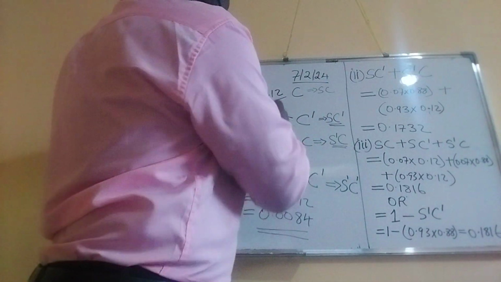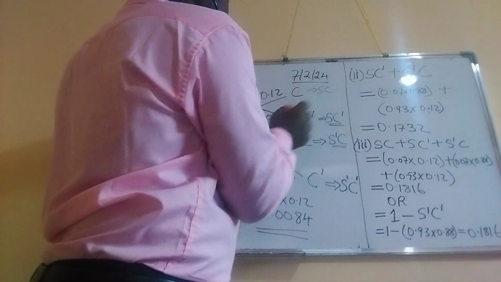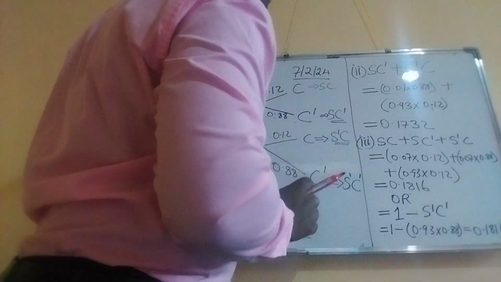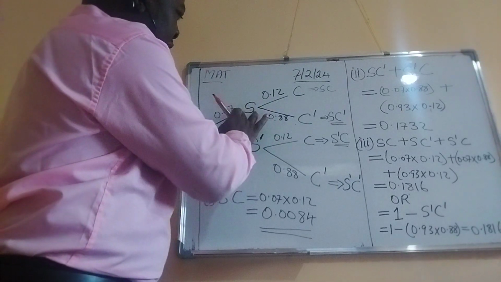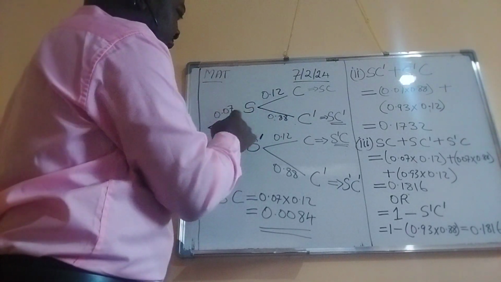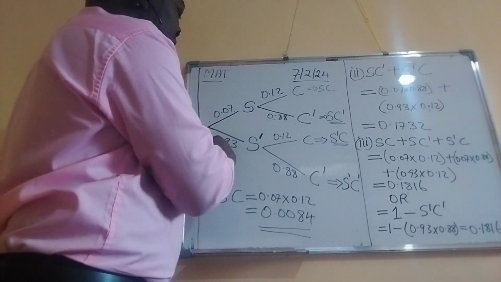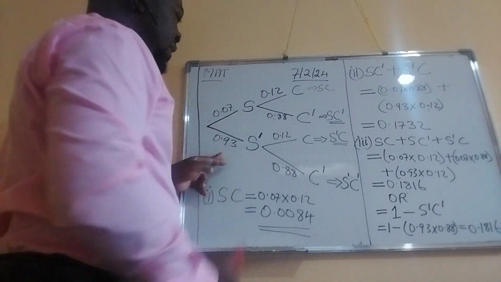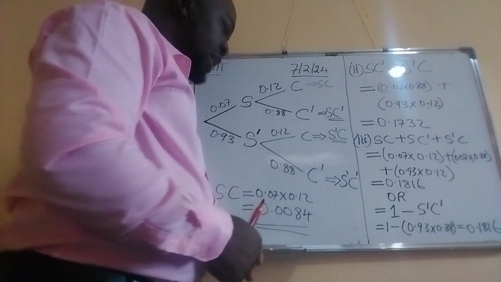That means that if you subtract 0.12 from 1, you will get 0.88. Also, the probability of the house being broken into is given as 0.07. So for the house not being broken into, we simply take 1 minus 0.07, and that will give you 0.93. And then you plot your tree diagram.